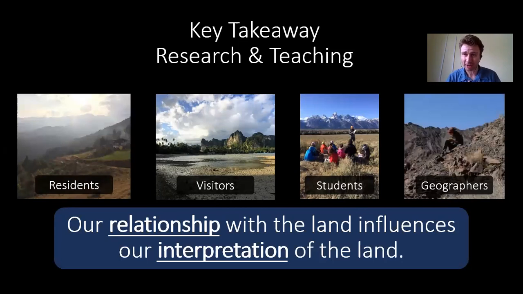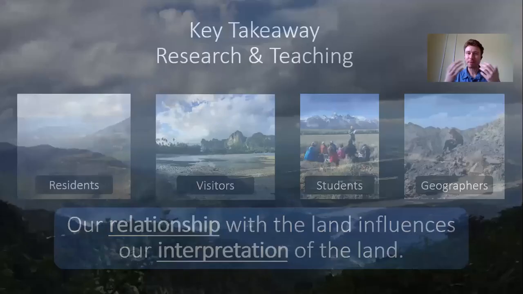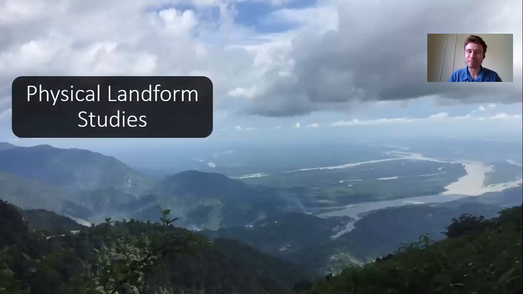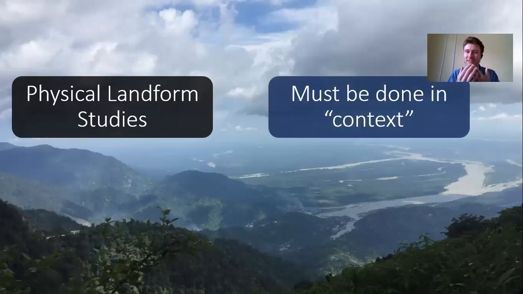that influences our interpretation. As we spend this semester on physical landform studies, we can't simply have you recite and memorize different types and processes of physical landforms. That's not what we're after. This study needs to be done in context.